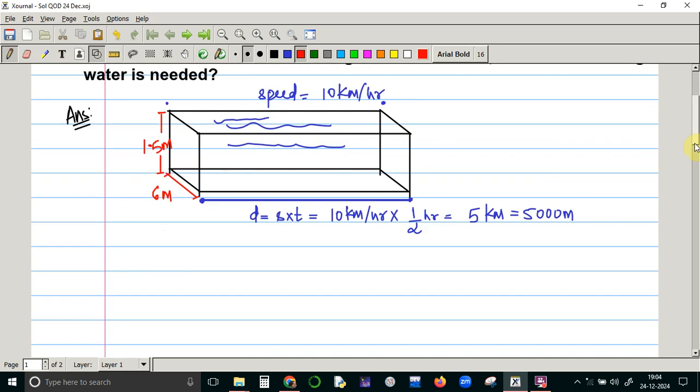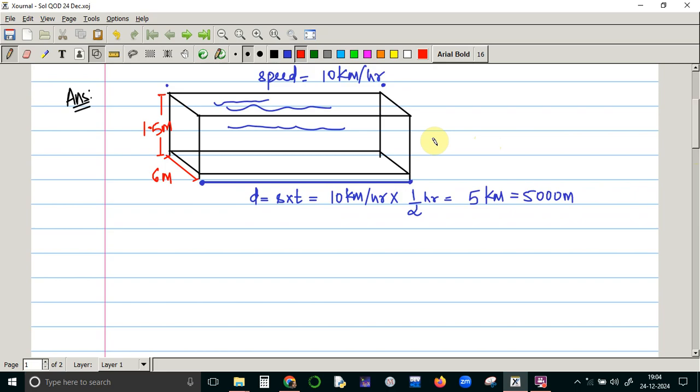Now we have to write everything. The water collected in it is transferred to a field. Let's not worry about the shape of the field.